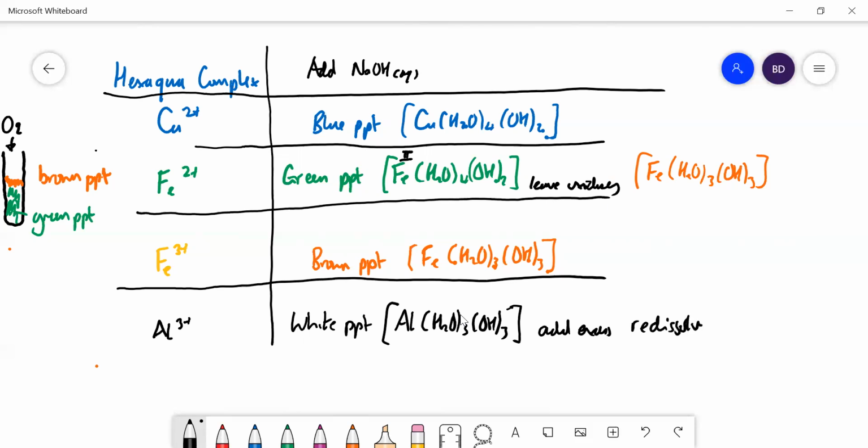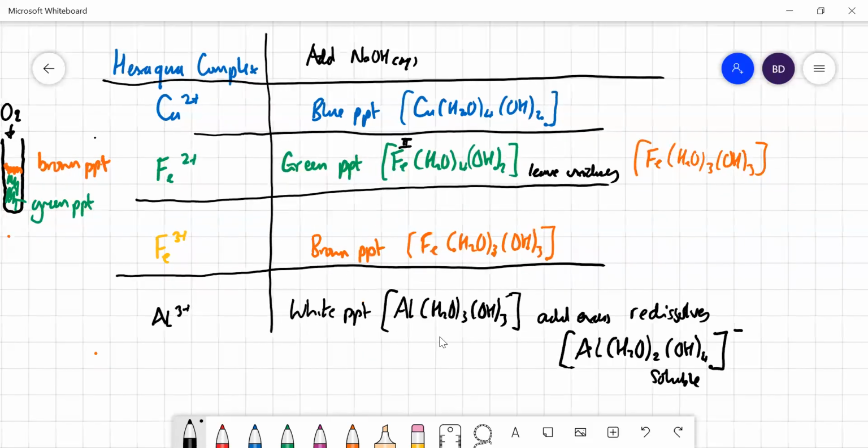And that's because aluminium, this one, you can remove another H+, and it will become charged again. So it will become Al(H2O)2(OH)4 with a negative charge on it, and that is soluble. So if you add excess sodium hydroxide with aluminium, it will redissolve.